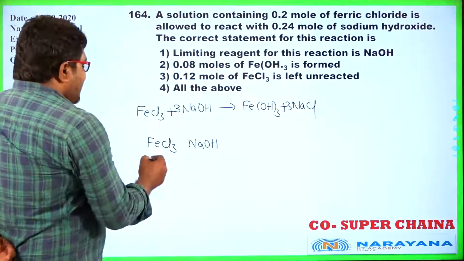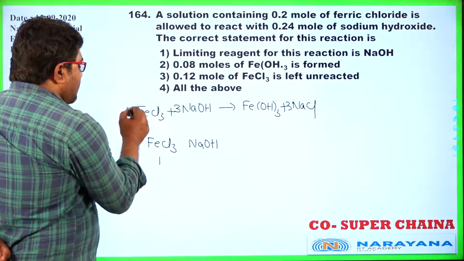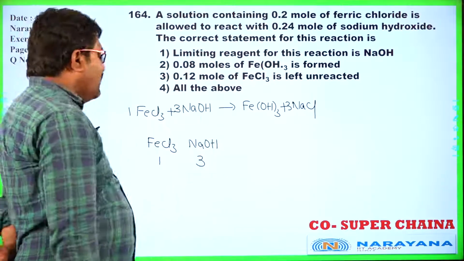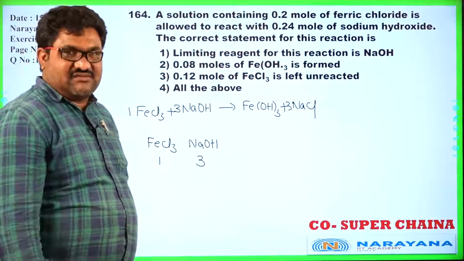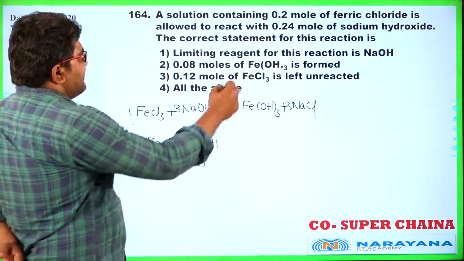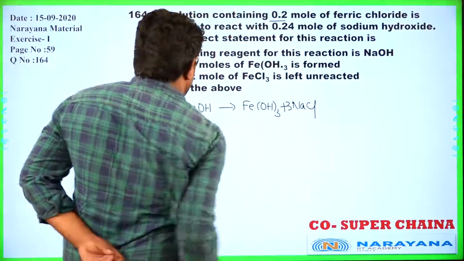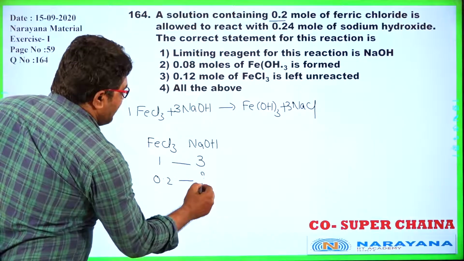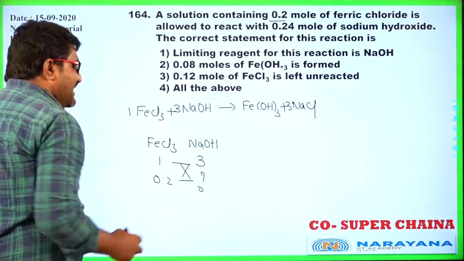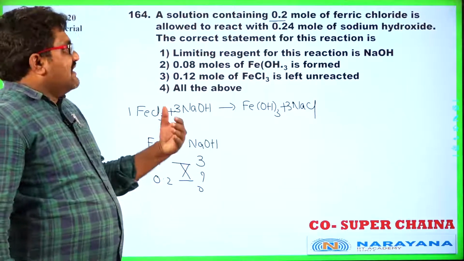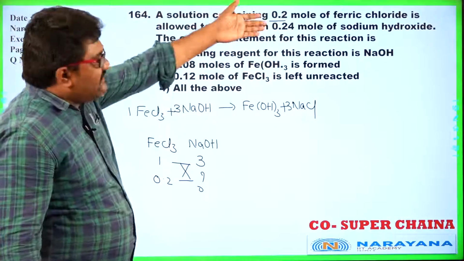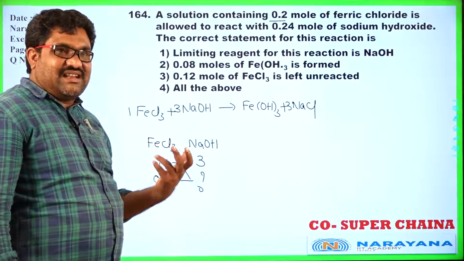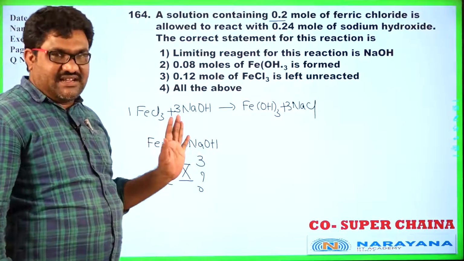As per the equation, 1 mole of FeCl3 requires 3 moles of NaOH for complete reaction. But here, ferric chloride is only 0.2. So for 0.2 moles, how many moles of NaOH are required? We just calculate, and see if it is equal to, more than, or less than the given number of moles. Then we can find which one is the limiting reagent.